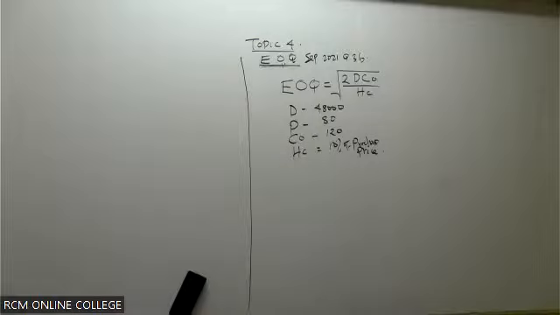Majority are getting 1,200 units. Anyone who is not getting 1,200?